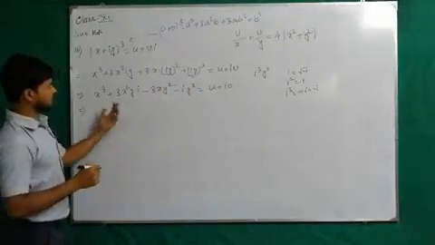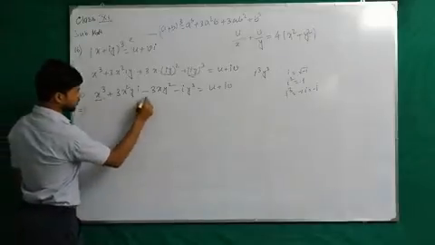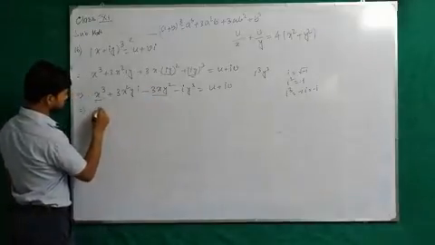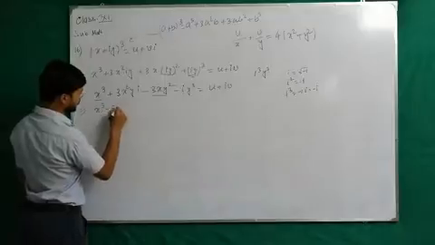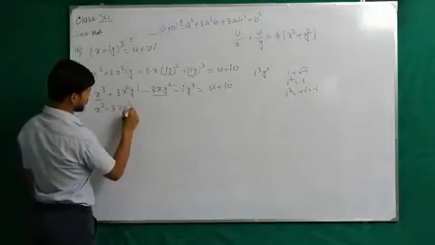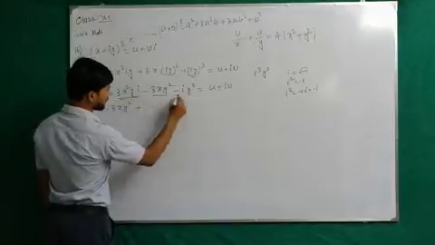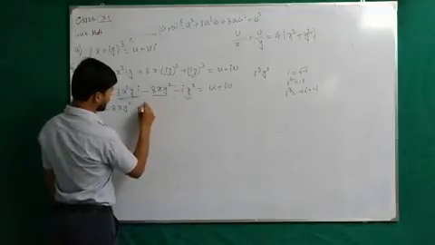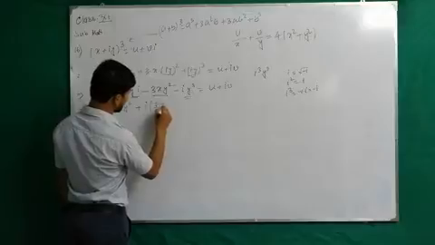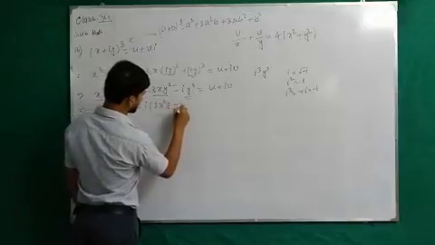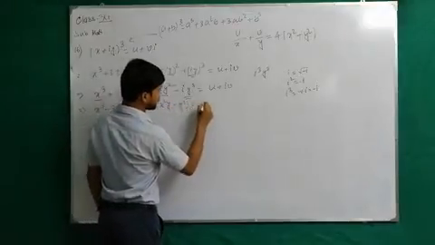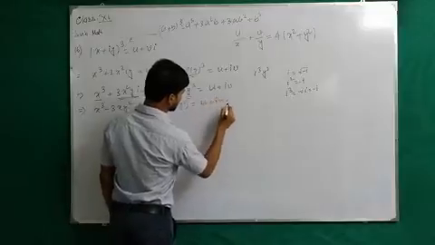Okay, now separate real and imaginary part. These two terms are real terms containing no i. So x cube minus 3x y square plus, now grouping the imaginary part, this part and this part. If I take i common, it will be 3x square y minus y cube, which is equal to u plus iv.